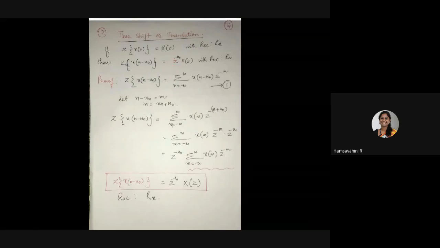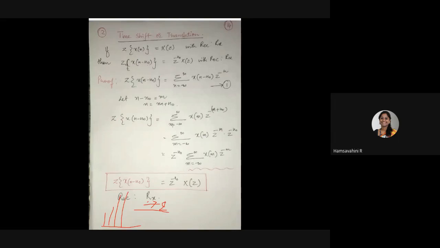All these properties we will again be discussing with some examples. Let us assume I have the signal 1, 2, 3 and 4. X of n is this. Suppose I shift this signal towards right by 2 units.